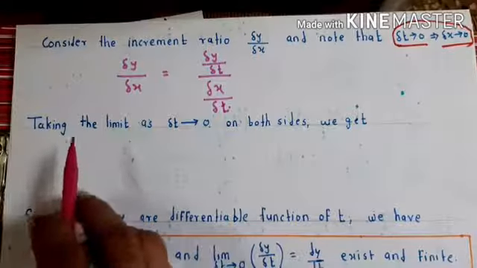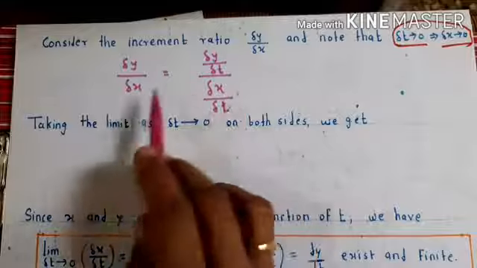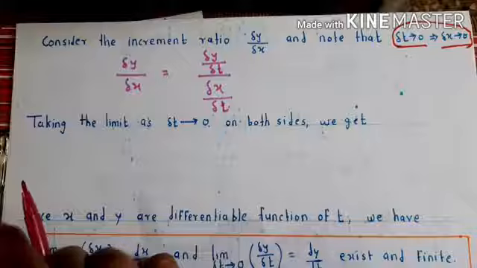Now take the limit as delta t tends to 0 on both sides.